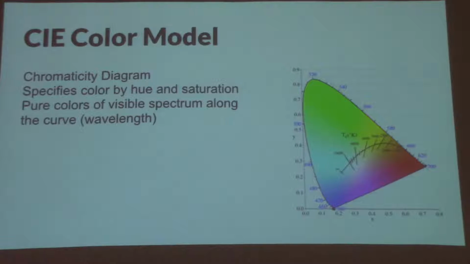People try to describe the color space in, for example, the CIE color model. Here we have these chromaticity diagrams, which are a little bit complicated to read, but essentially the outer curve here is the wavelength of color, and in here are the various combinations. The pure colors are along this curve, and in here are the different combinations of these wavelengths.